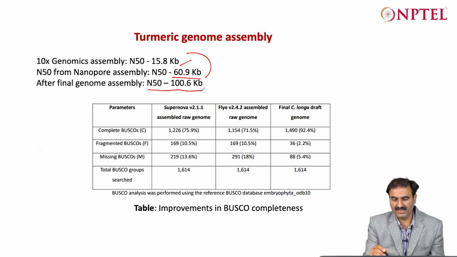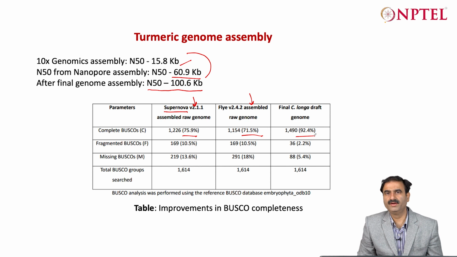For example, with only the 10x Genomics linked reads using Supernova, the BUSCO score was only 75%. With only the nanopore assembly, the BUSCO score was 71.5%, but when we combined the two, it increased the BUSCO score to almost 92.4%, which is an advantage of using hybrid genome sequencing and assembly technology.